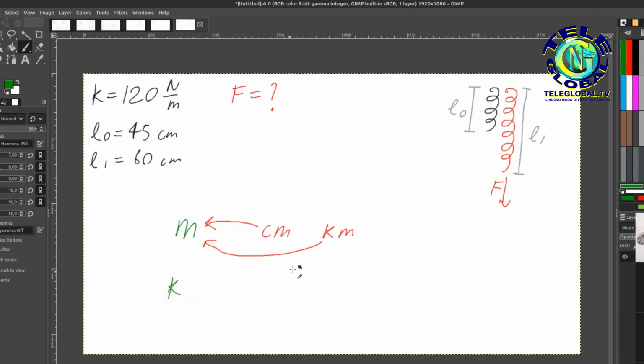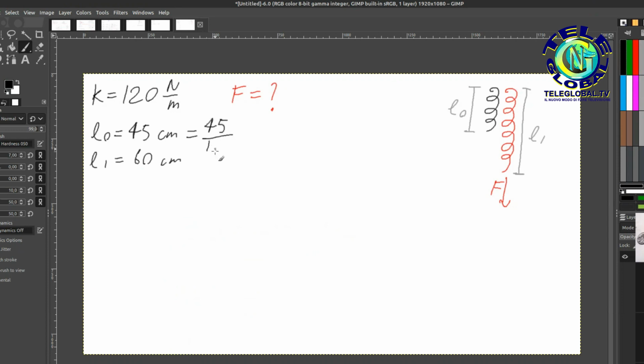So here, for example, 45 centimeters will be 45 divided by 100, and 60 centimeters will be 60 divided by 100 meters.